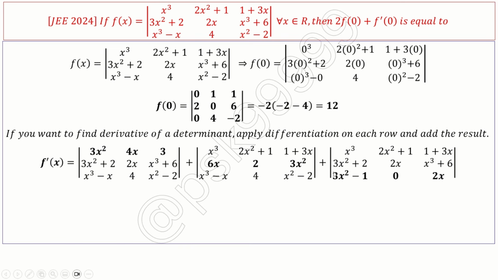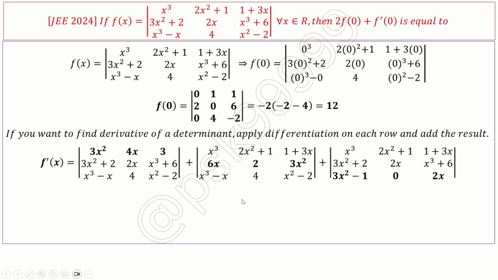Plus, keep the first two rows as is, and then the third row becomes 3x square minus 1, 0, 2x. This is how you find the derivative of a determinant.